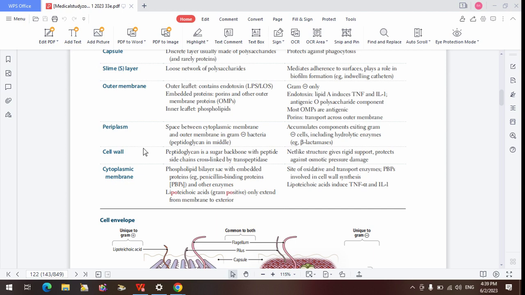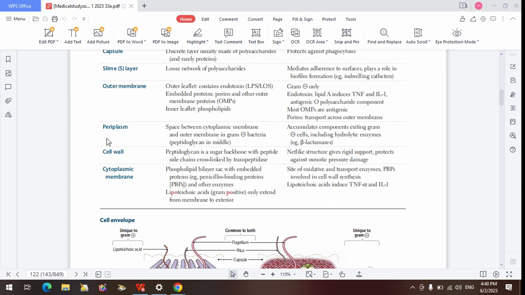So what does it contain? It just contains hydrolytic enzymes, enzymes that can help to digest materials. What are these hydrolytic enzymes? Particularly the beta-lactamase. We'll talk about this beta-lactamase as we progress.